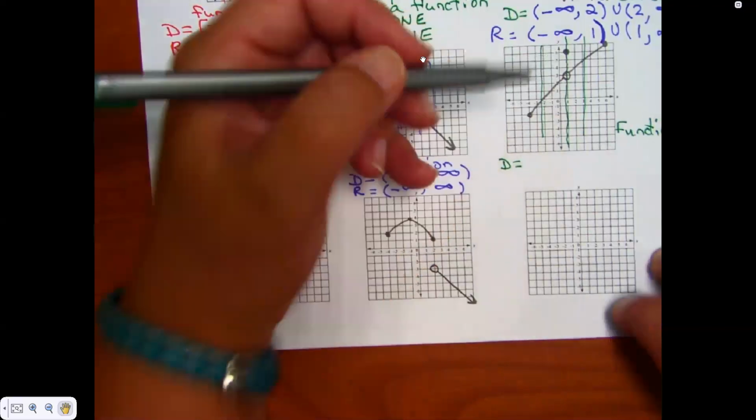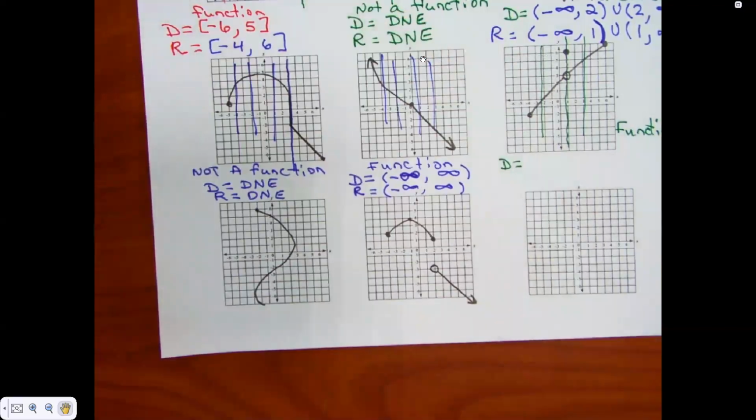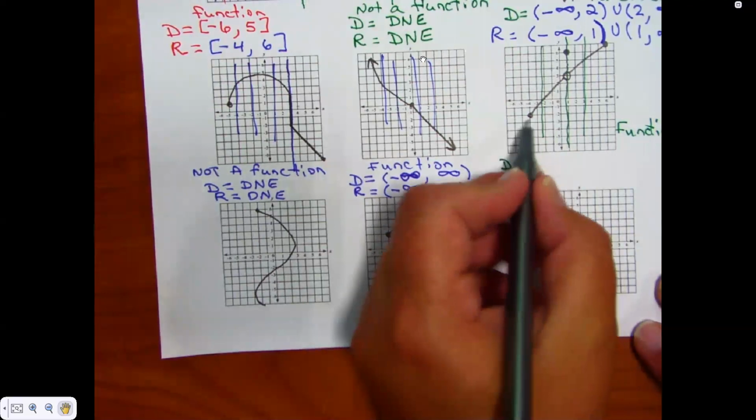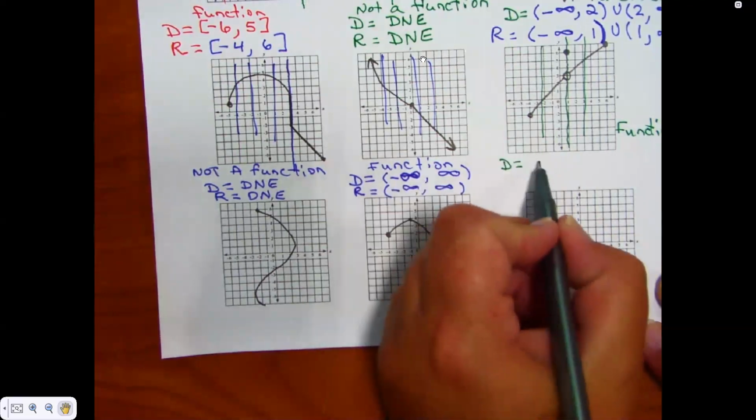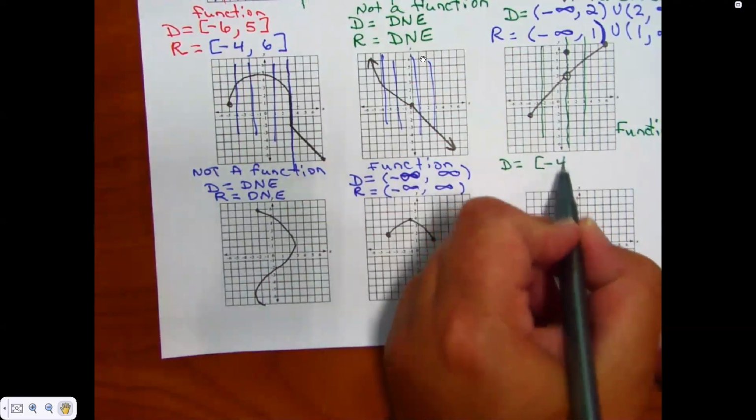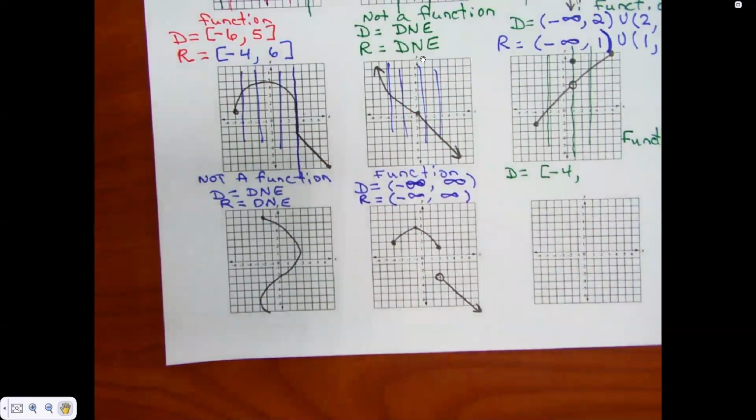But when x is 1, and remember domain is x values, I do have a graph there. So it is from -4 to what? You guys tell me. To what? 6, yes, you can see that.